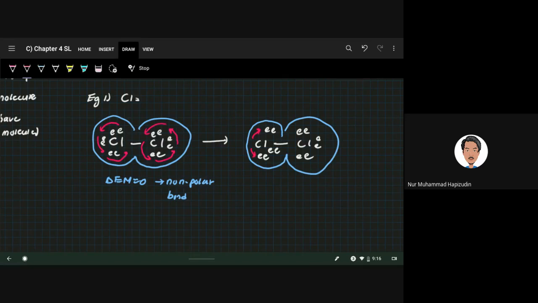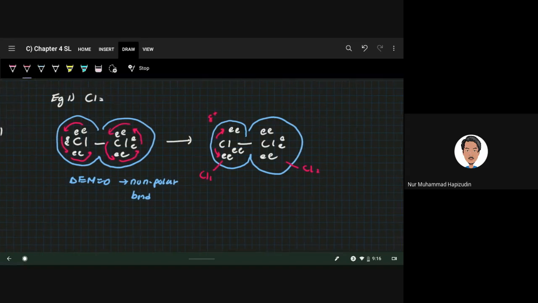So what happens when all of the electrons, we assume this is chlorine 1 and this is chlorine 2, in chlorine 1 accumulate at the covalent bond? Kat sini dia akan jadi partial positive because any region that has poor electron will become partial positive and a region that has rich electron becomes partial negative.